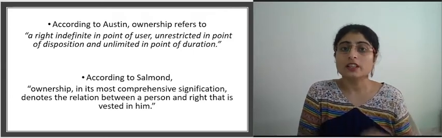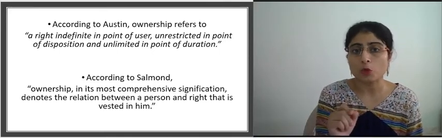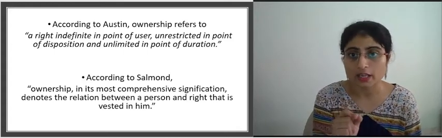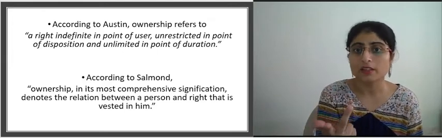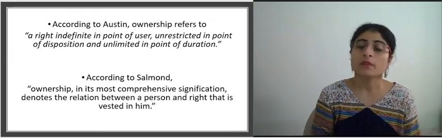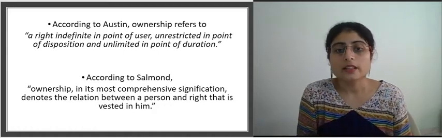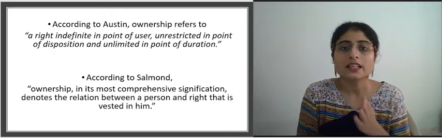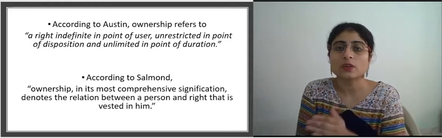That means, my friends, that according to Austin, if one person has ownership over one property, then that person would have all kinds of rights with regard to disposition, use and time limit, that is, duration. Now, coming to the other definition, given by Salmond: ownership in its most comprehensive signification denotes the relationship between a person and the right that is vested in him.